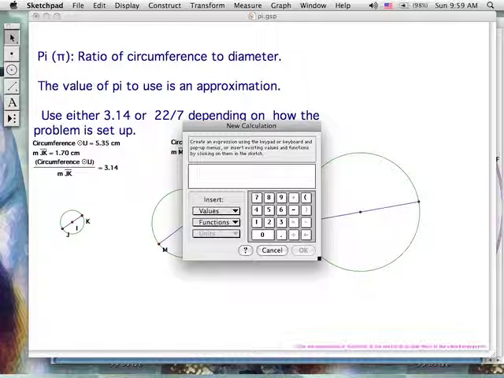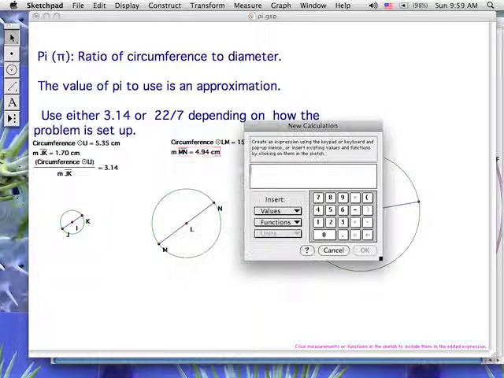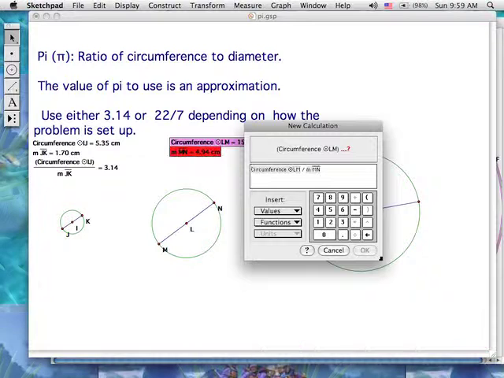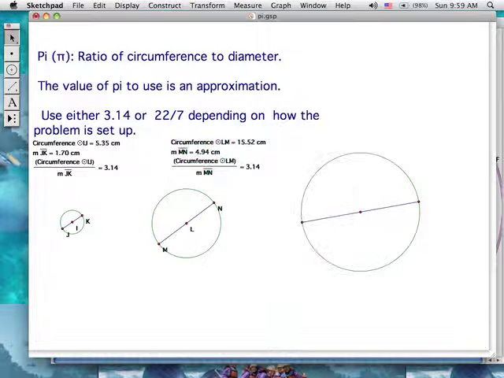Now calculate the pi for this one, which is to take the circumference and divide it by the diameter, and again we get 3.14.